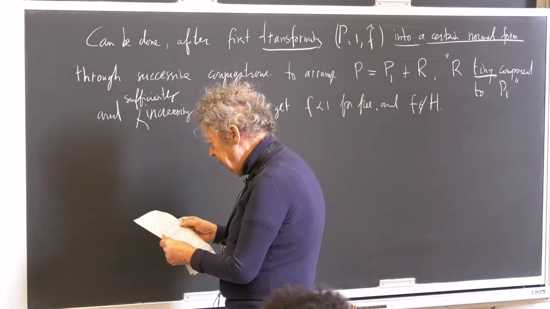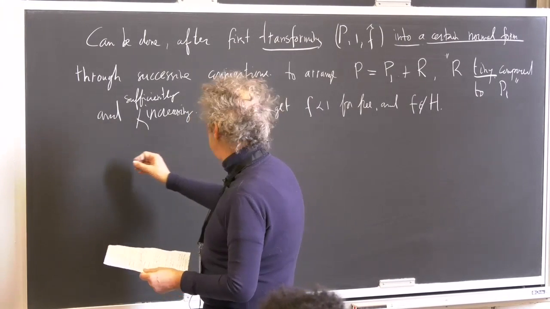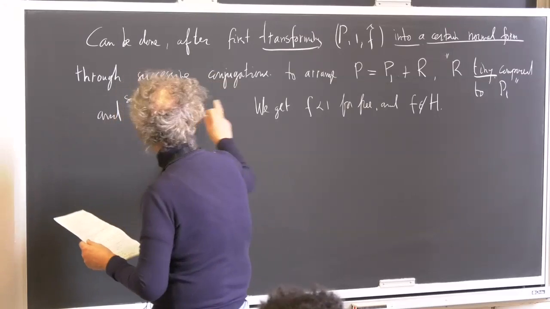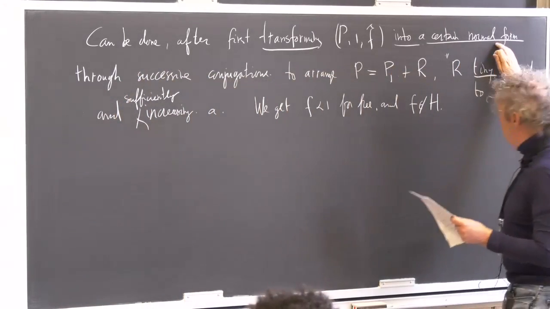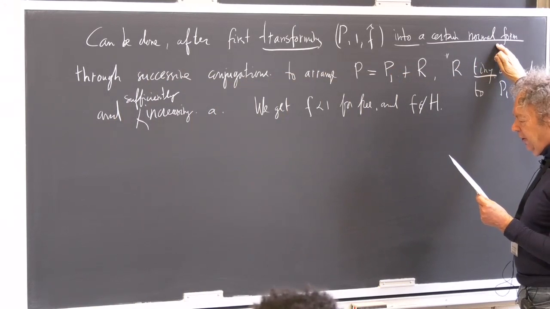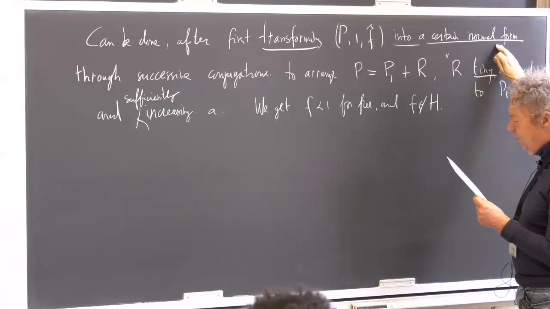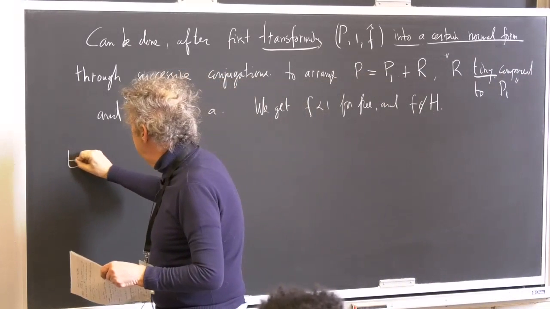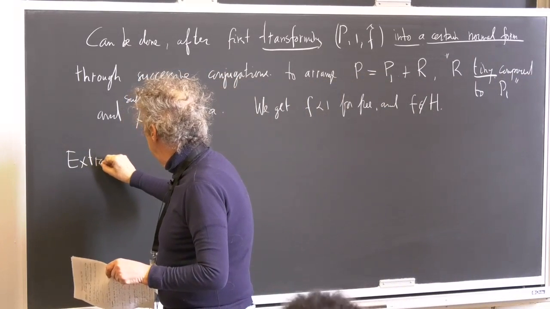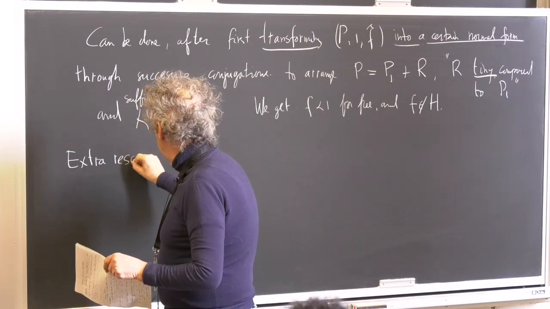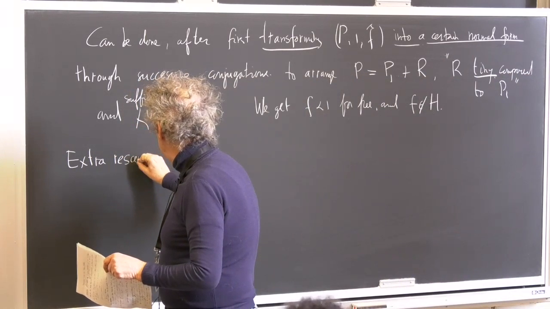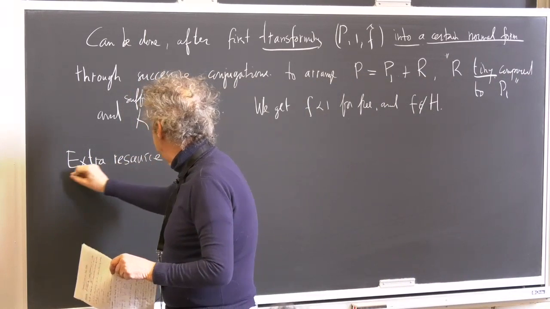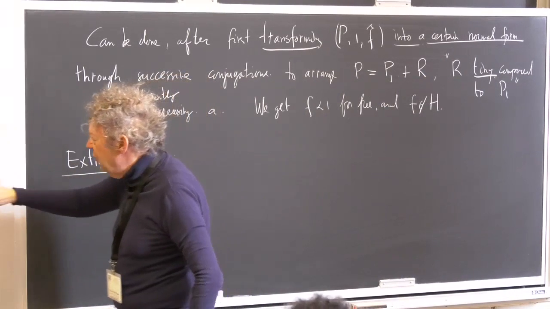right. Okay, so let me say, the required normalization, that is really a fairly long story. But there's also an extra resource that I didn't really mention. There are lots of little things that I'm sweeping under the rug, but there is an extra resource.